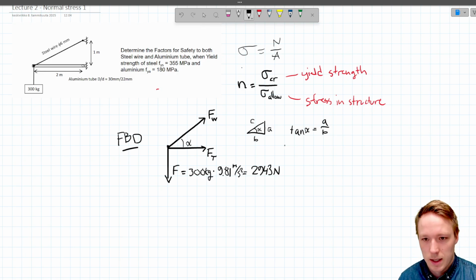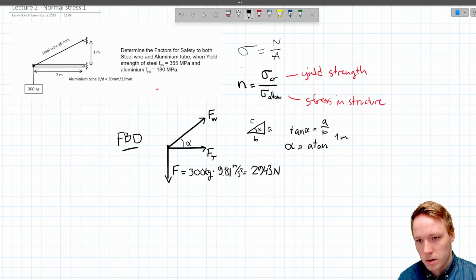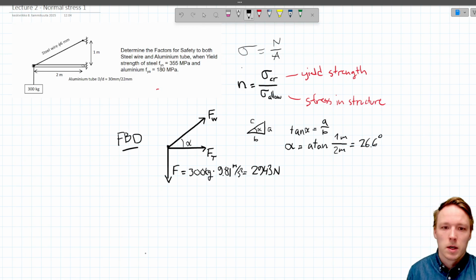Alpha equals arctangent of 1 divided by 2, and it equals 26.6 degrees. So now we have the information which we need at the beginning. Now we can solve the forces.